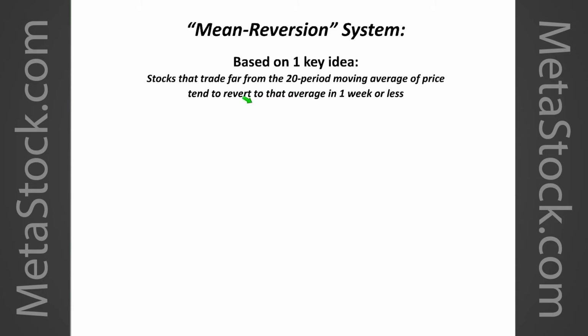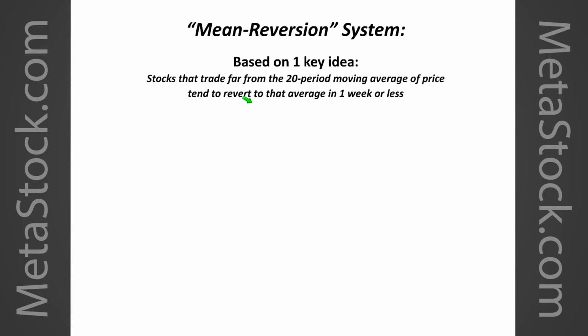In fact, your ideal holding period for this particular system is 5 trading days. There are different ways of exiting this system, and one of them, very simply, is just to exit on the close 5 days after you've entered, and you'll find that works really quite well. In fact, on a day-to-day basis, for whatever reason, the 5th day tends to be the maximum amount of movement in the least amount of time.